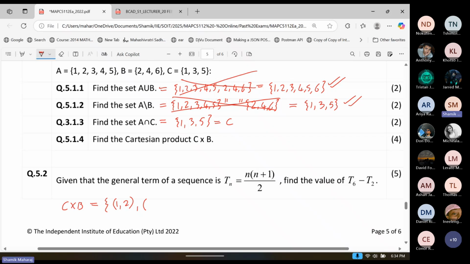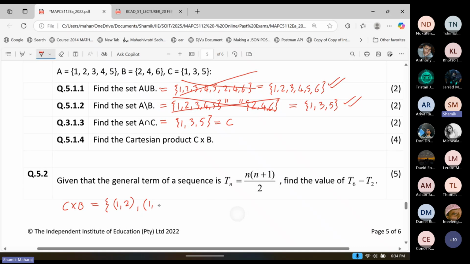Because we're starting with C, I continue with the 1 from C. I'm using the first one from C for everything in B. So this is the first element in C, and then I cycle through all in B: 2, then 4, then 6.